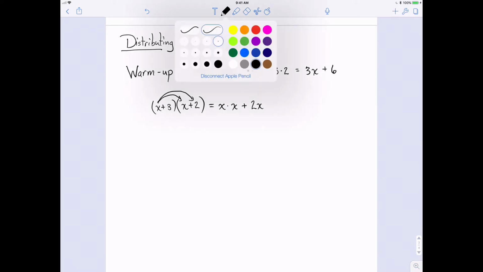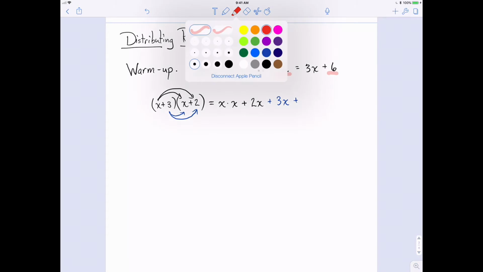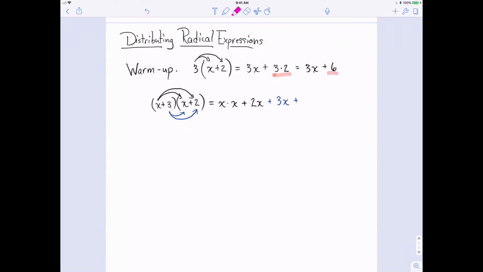Now I start with the 3 and distribute it through the parentheses, so I have plus a 3x, and then plus a 3 times 2, but notice we just did that up above, and we know that 3 times 2 gives us 6, so I'm going to use that. So I have plus 6, and then let's clean this up.